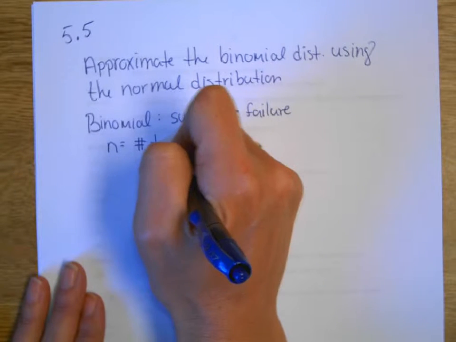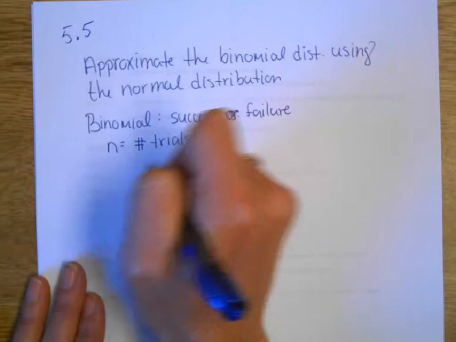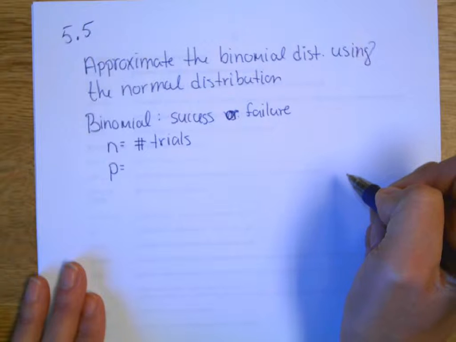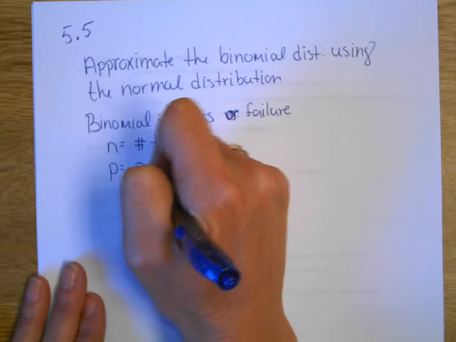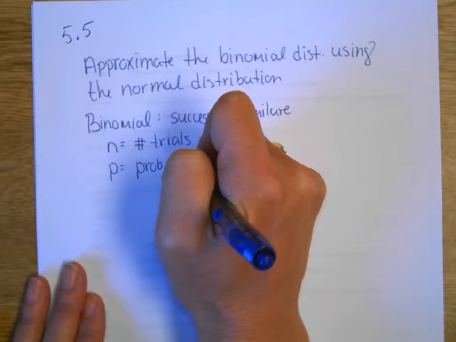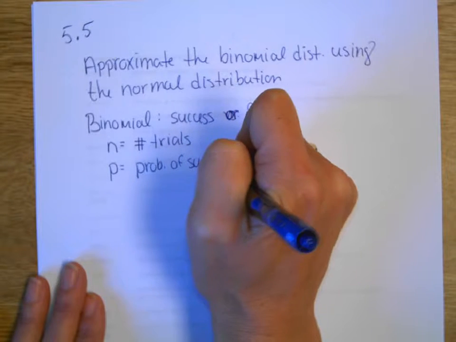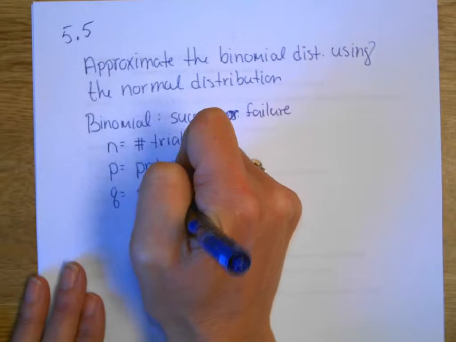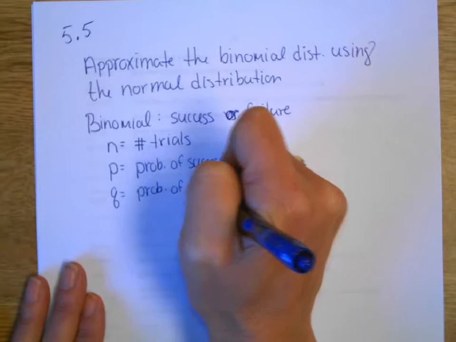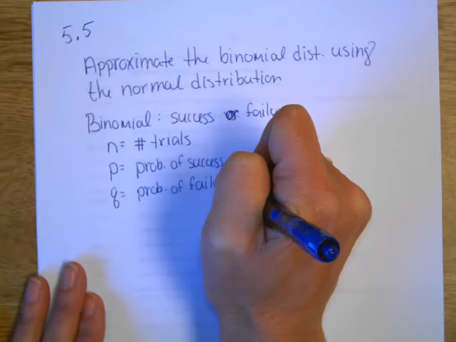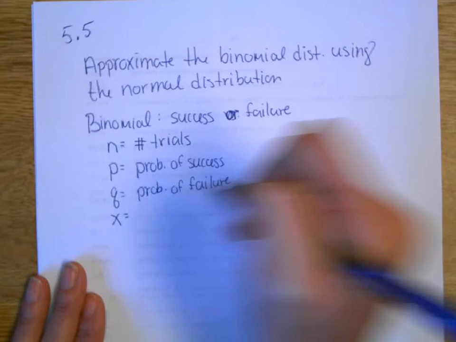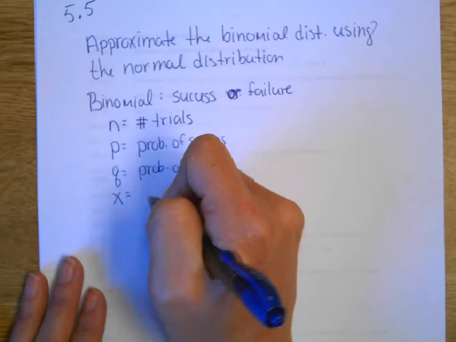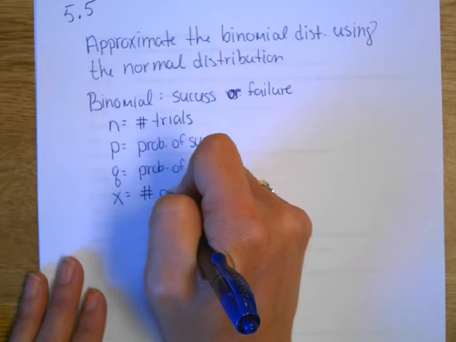Yep, the number of trials you were doing. P represented the probability of success. Q was probability of failure. And X represented, yes, the number of successes. Good job, Austin. Thank you.